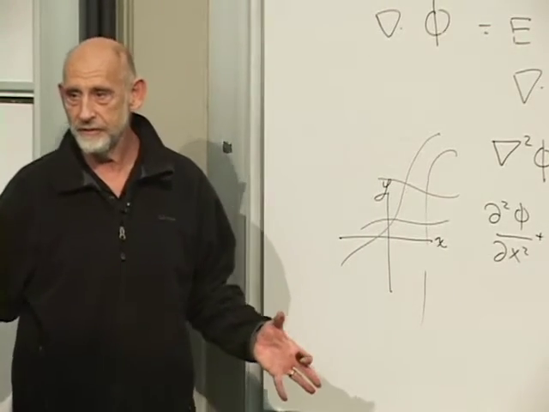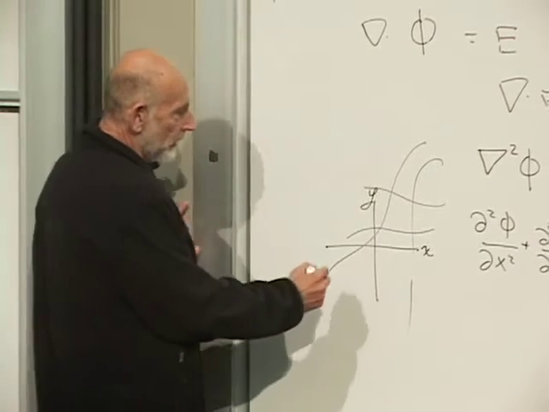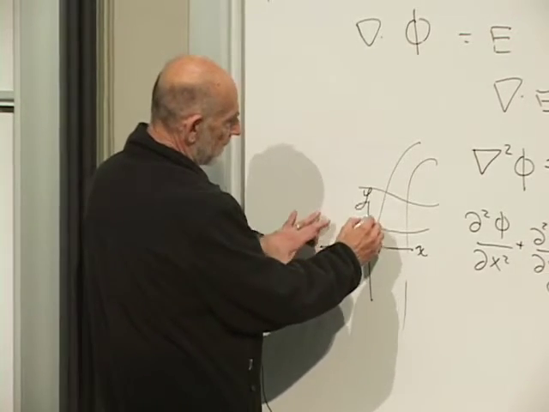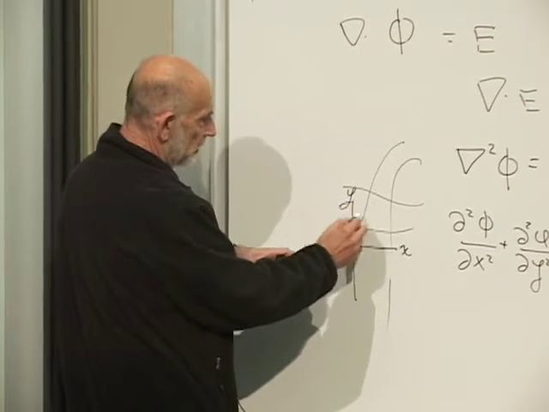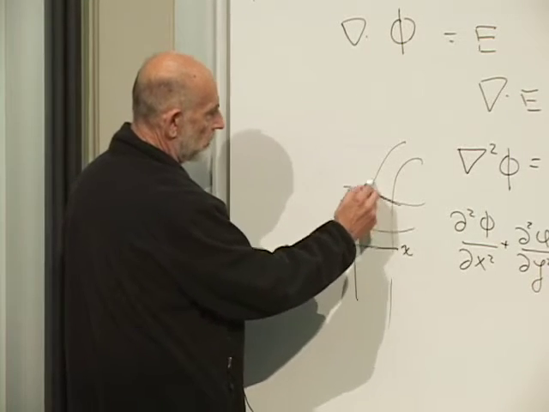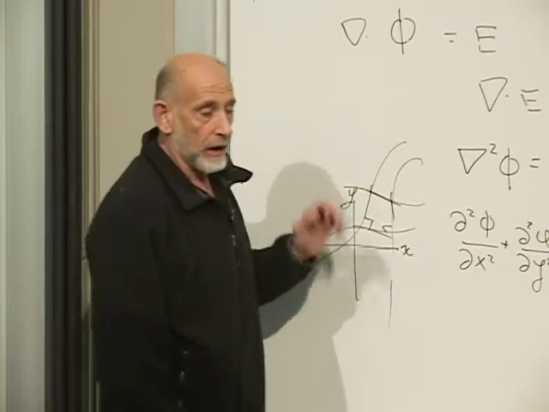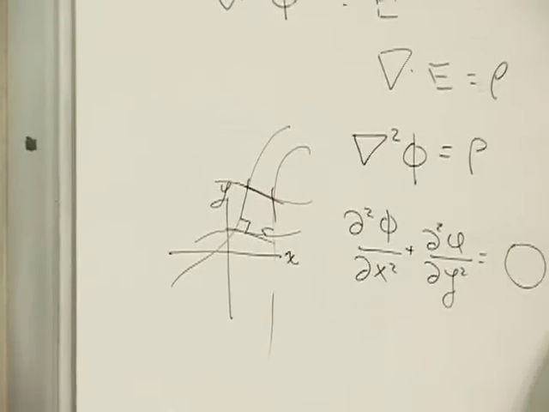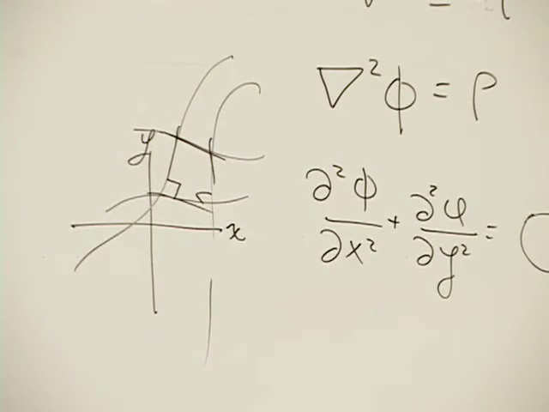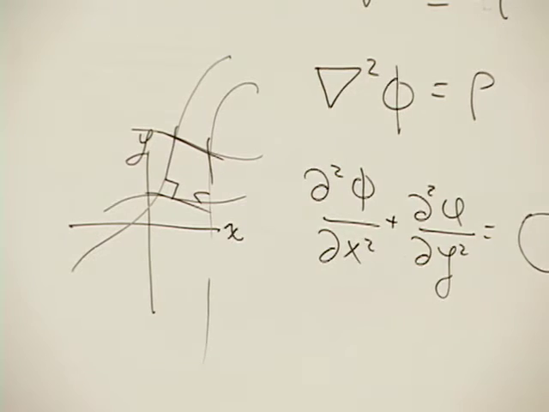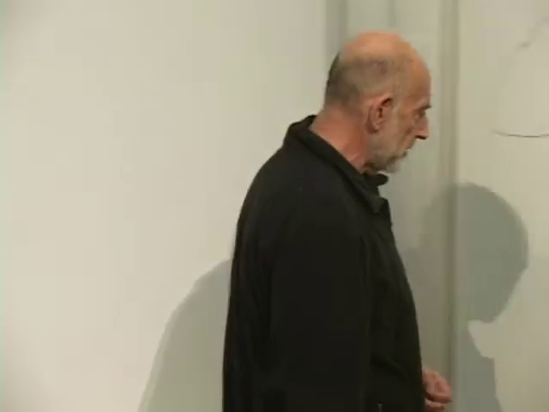Conformal means angle preserving. In other words, angles between curves in the new coordinates are exactly the same as between the old coordinates. Those are conformal mappings.